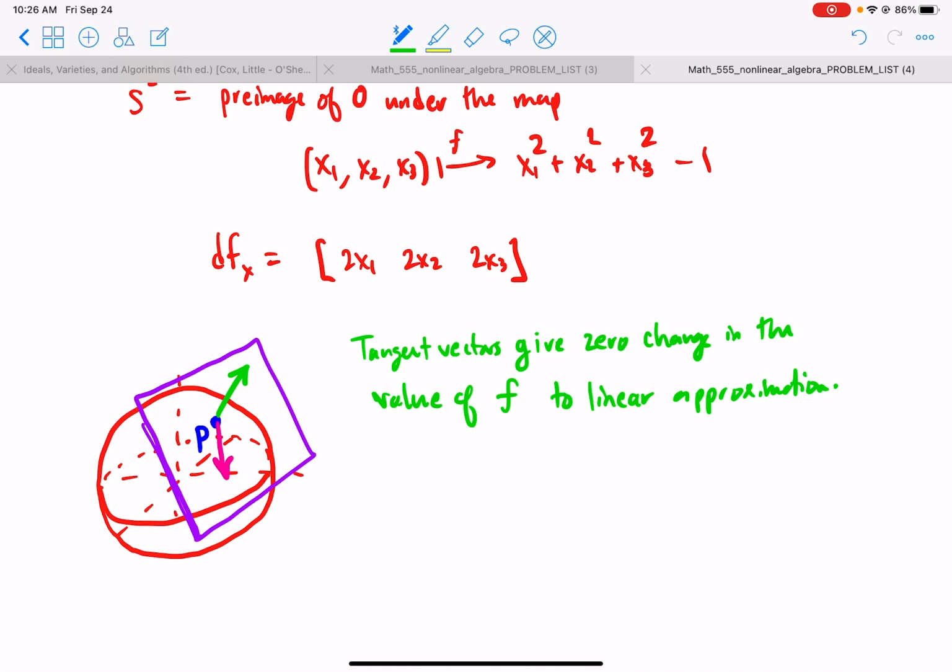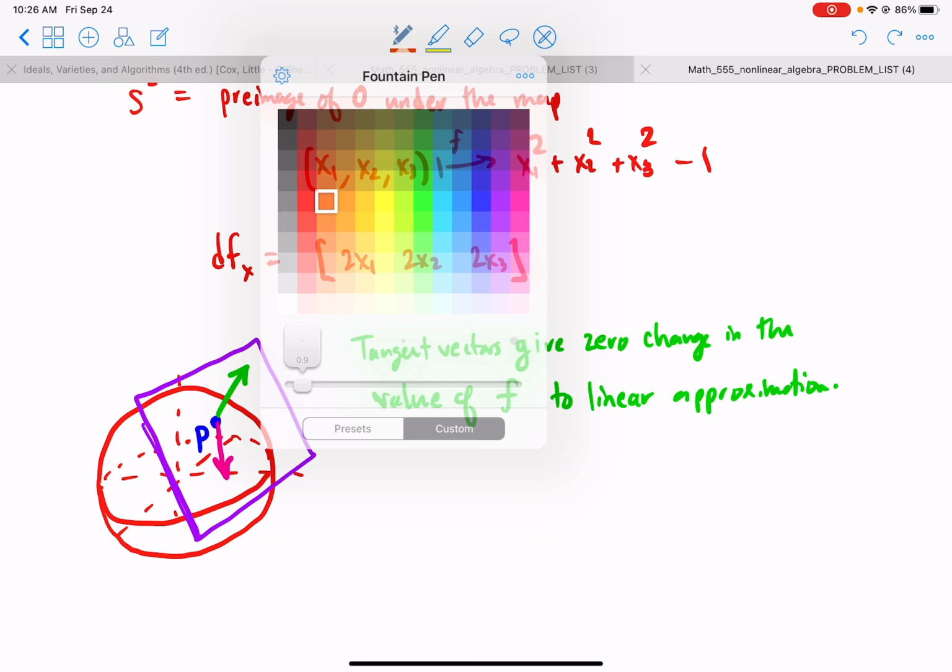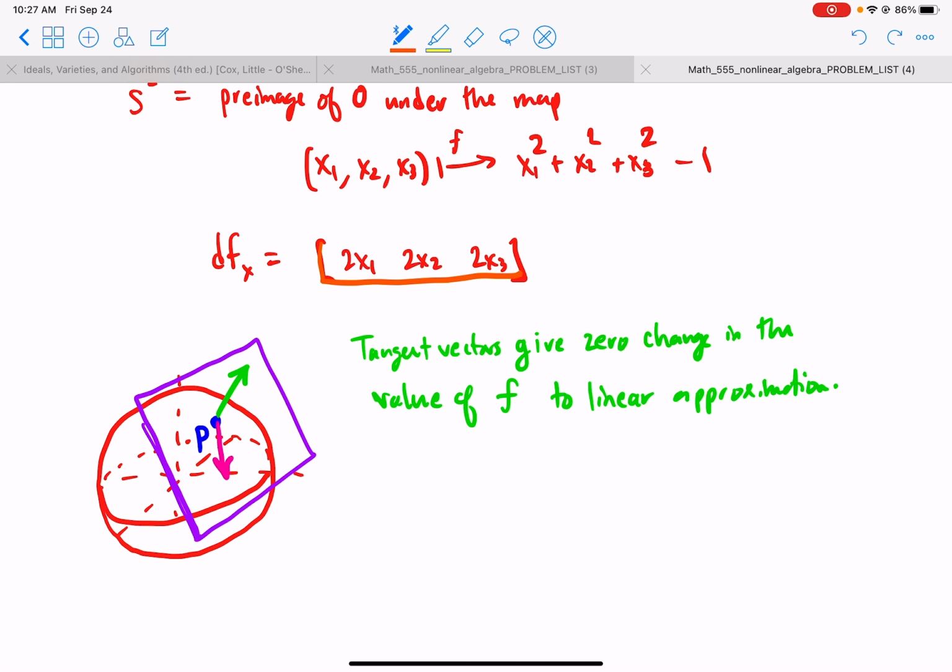In fact, one way you can think of this derivative here is as a gradient vector. And in calculus, you learn that the gradient is the direction of steepest ascent. The function value changes most rapidly in the gradient direction. Let's call this an orange vector.